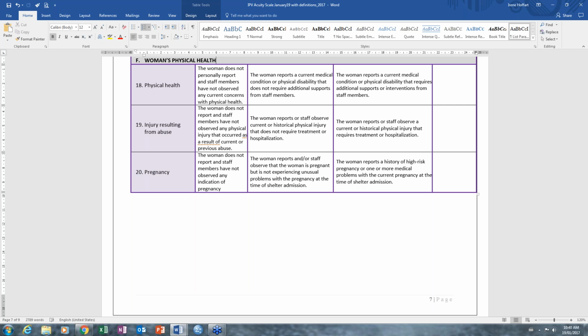Now, the next one is if she reports a history of high-risk pregnancy or has even one medical problem with the current pregnancy, obviously that would require support on the shelter end, then that's a score of 5.